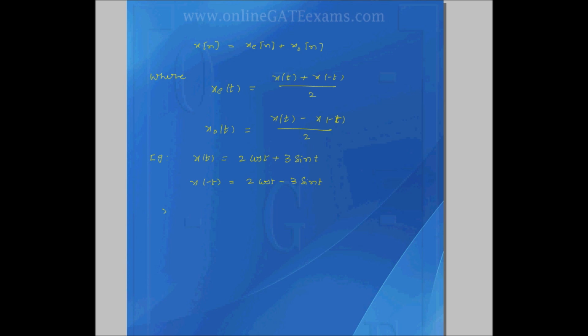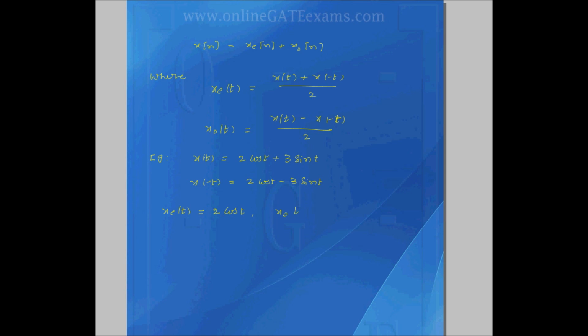So what will be our xe of t? It is x of t plus x of minus t, divided by 2. If you add these two, 3 sin t will get cancelled out, and you get 4 cos t divided by 2, which is nothing but 2 cos t.